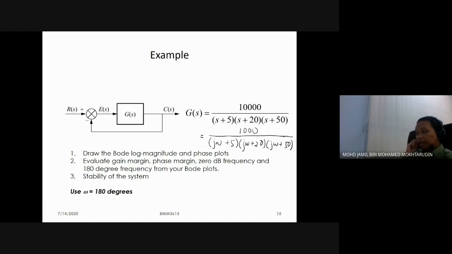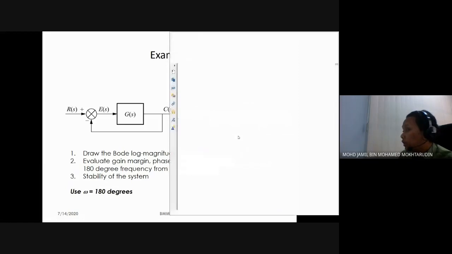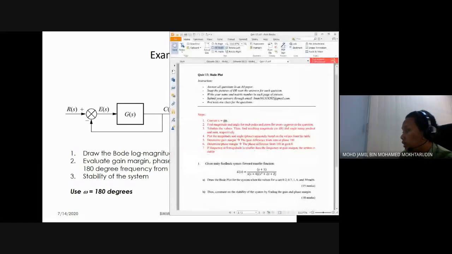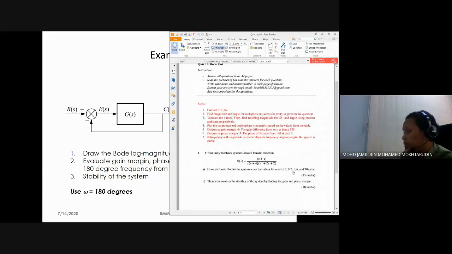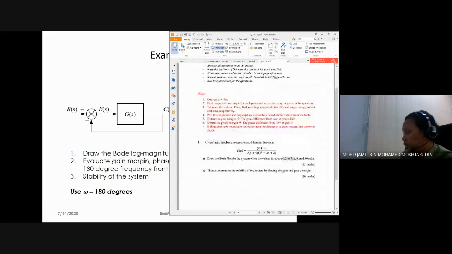After that, you need to substitute the omega given in the question. In this question you are not given any omega, but most of the time the question will give you some omega, such as in this quiz 13, where I give you some omega values.